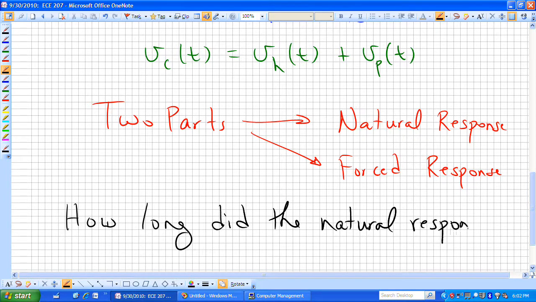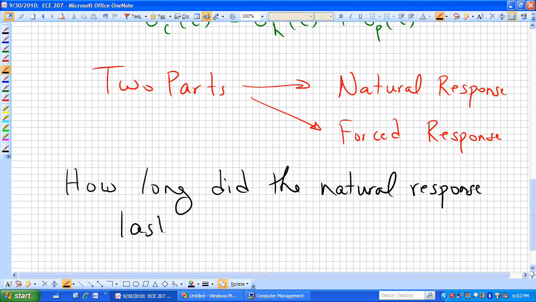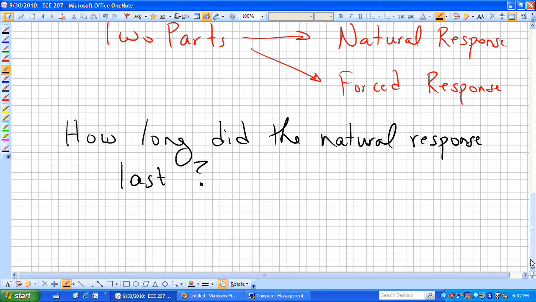When you're thinking of natural response, in our examples we really only had one energy storage device, and consequently we only had one time constant for that particular circuit. And that time constant was either this RC time constant, which was in a resistor capacitor circuit, or it was L over R, which is in an inductor resistive circuit.